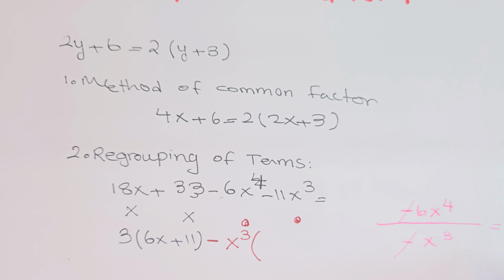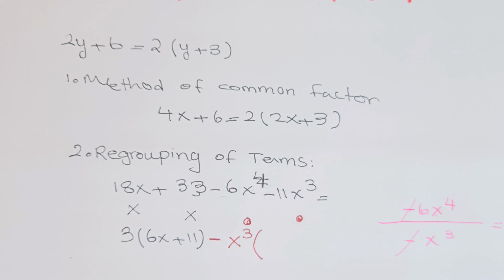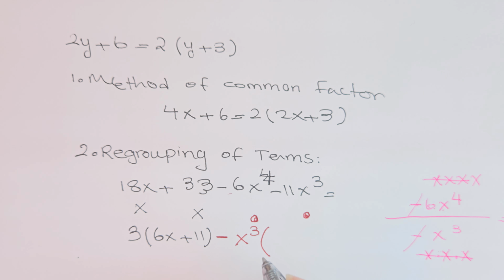I have 6 on its own, and x multiplied by itself 4 times over x multiplied by itself 3 times. Three of these are simplified with three of these, and what is left is only 1x. This is exactly what I put here, so 6x. This one will jump here.